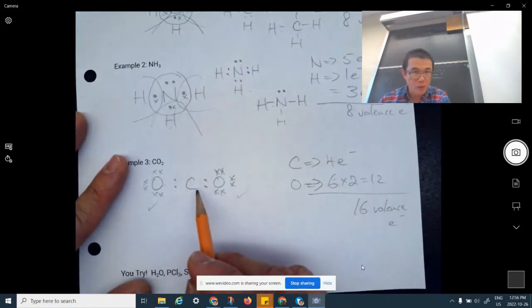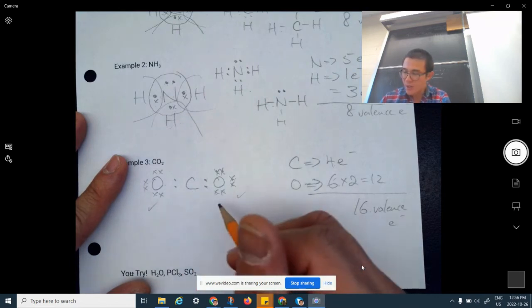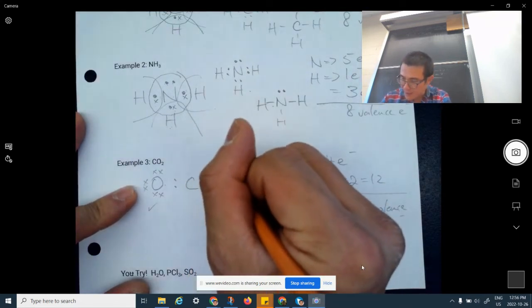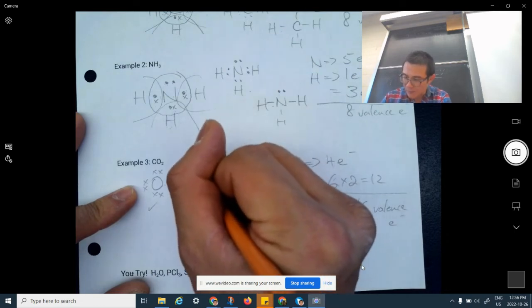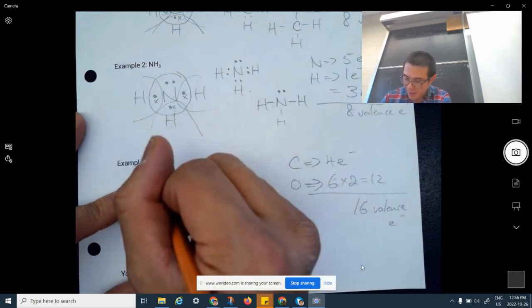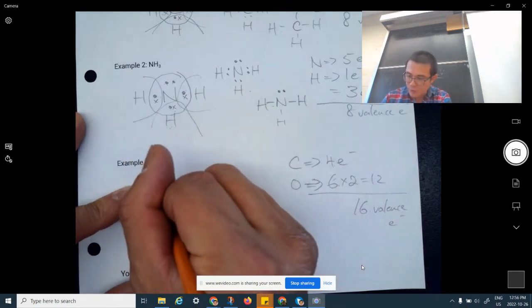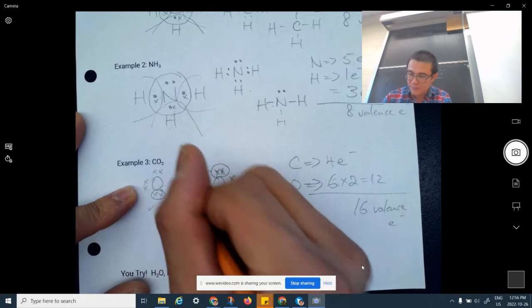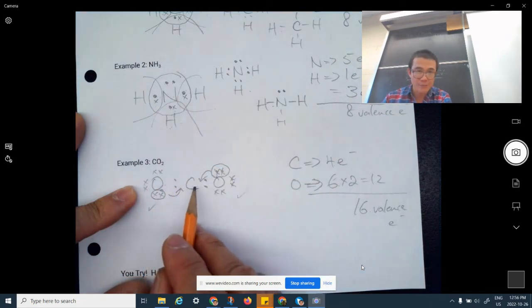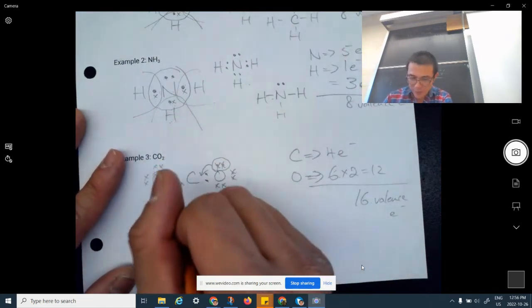So what it means is that since this one is short of 4 electrons, I'm going to take these 2 and move them in between, and I'll do the same thing for this one here. I'll take these 2 and put them in between this carbon and this oxygen. So I'm going to rewrite this.